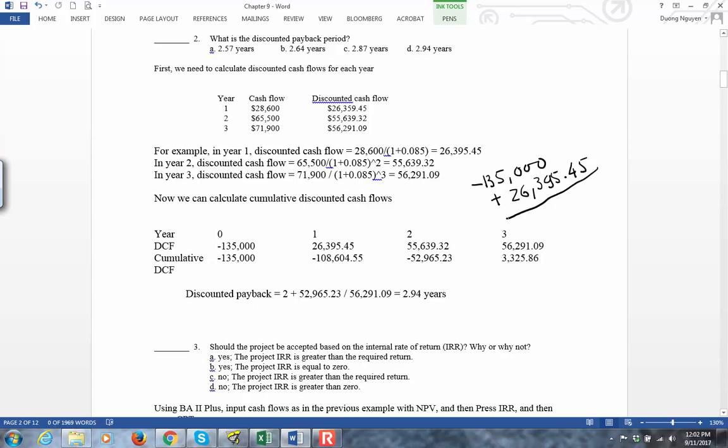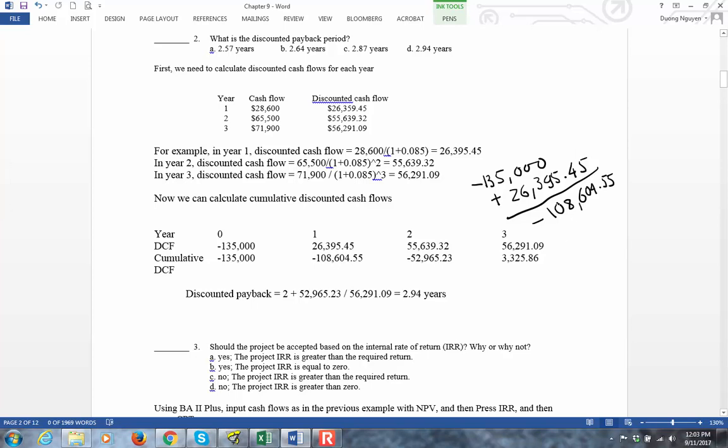Okay, and then the end would be negative 108,604.55. Okay, so this is what we have right here. After year 1, you need to recover this much.